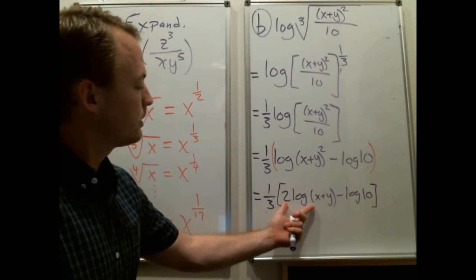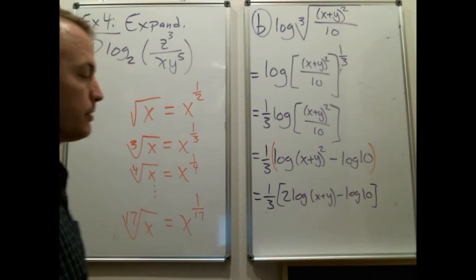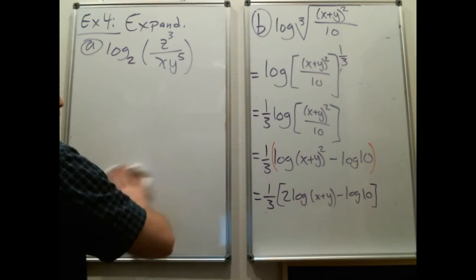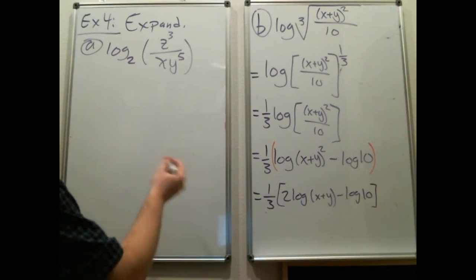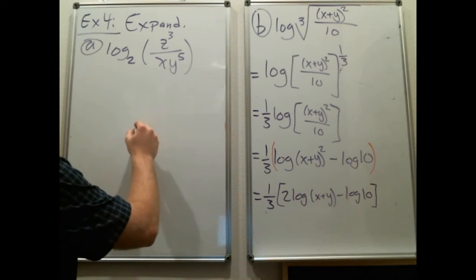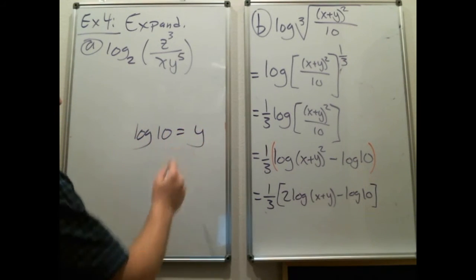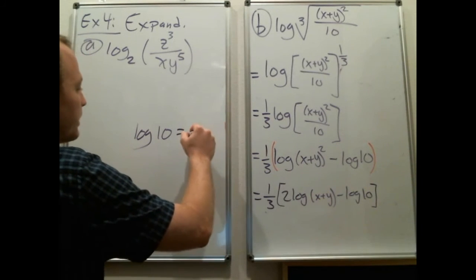And then we need to be able to simplify this a little further. This is good. So here, log 10. We need to be able to simplify that. If you can't see the answer is 1, then just do some side work. The side work doesn't take very long, so don't feel bad about taking an extra 30 seconds. Log of 10, and let's set it equal to, let's not set it equal to y because y is in the problem already.